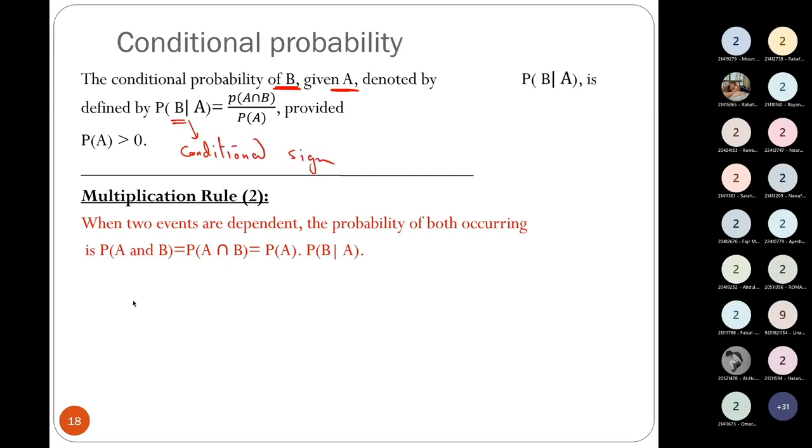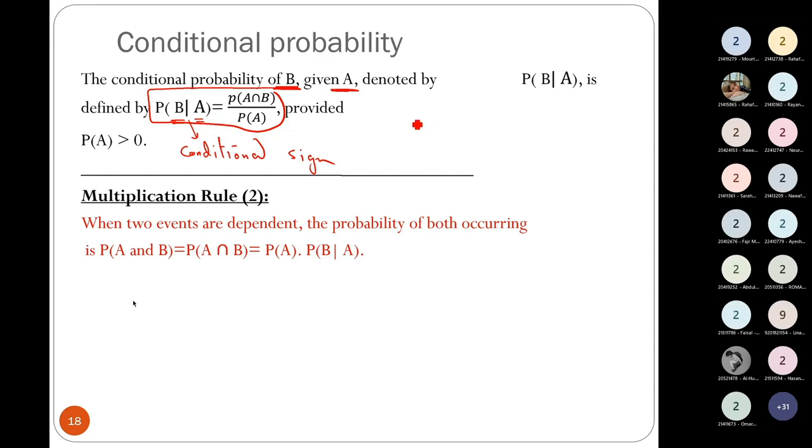Given A, this is a very important formula: the probability of B conditional on A equals the probability of the intersection of A and B, over the probability of A.